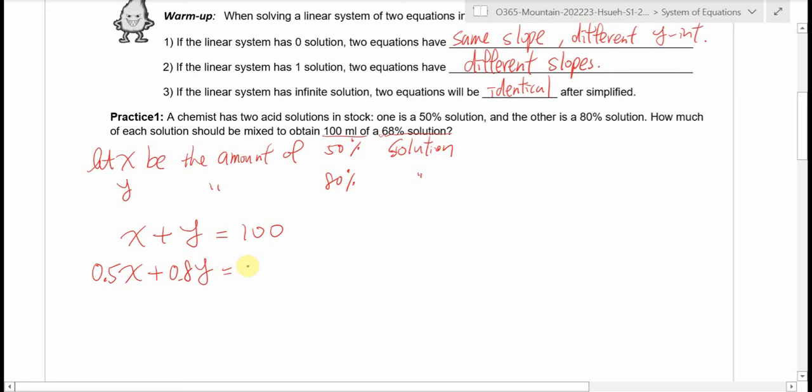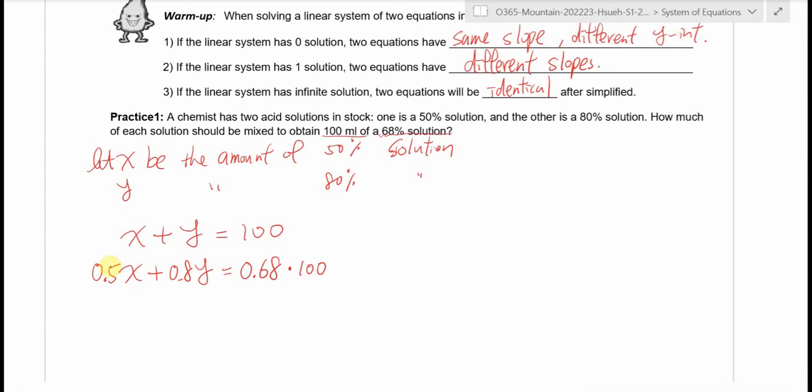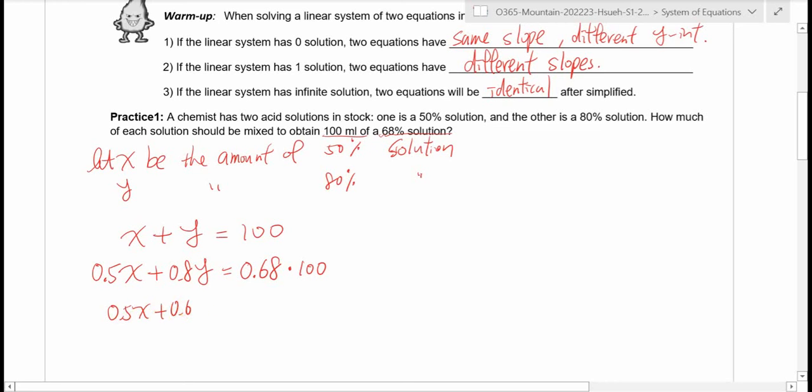That should equal, in total, a mixture of 68% purity, so 0.68 times 100 milliliters. So there are my two equations. I can simplify the second equation by multiplying 0.68 with 100, and I end up with 68. So I have my first equation here and my second equation here.